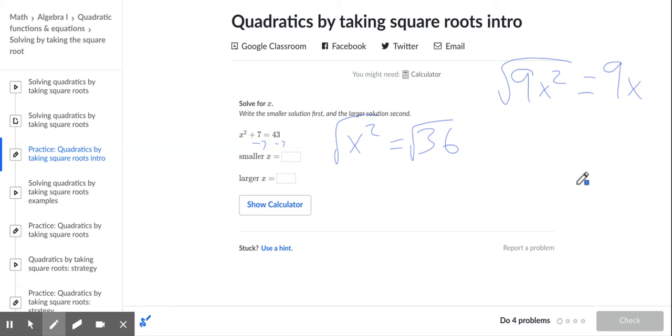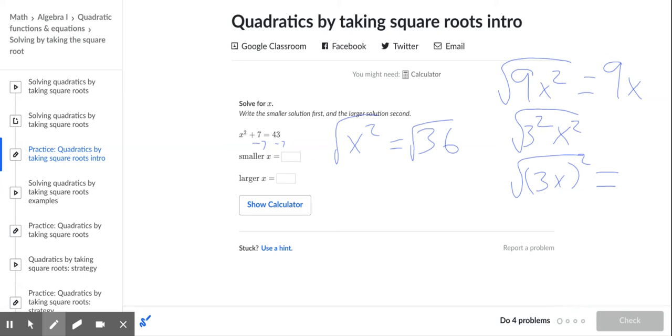So I could solve this one by saying, oh, but this is really 3 squared, right? 9 is 3 squared, and then I can rewrite it like that. So now that this whole thing is squared, now I can cancel.